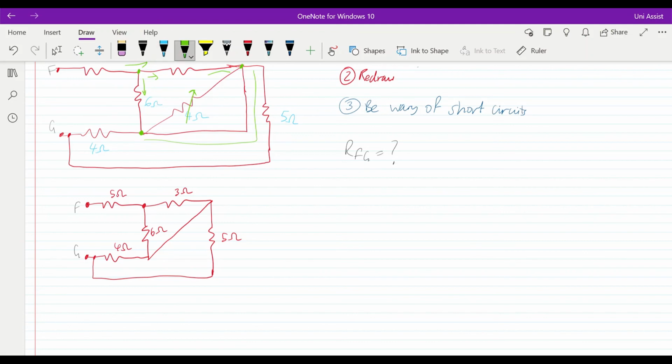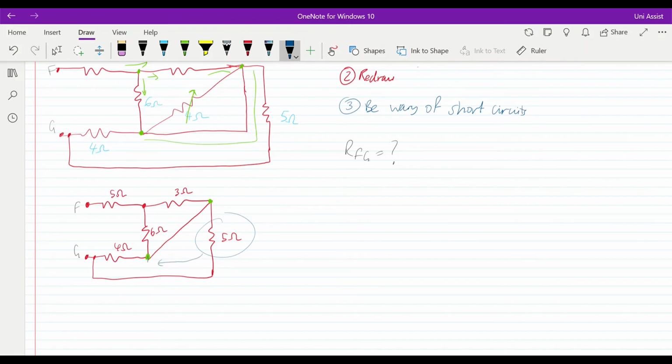So the first thing I want to do is recognize the idea of common nodes. We can see here that this point and this point are effectively the same node because they're connected via this short circuit. That means I can translate this 5 ohm resistor to this same node over here.